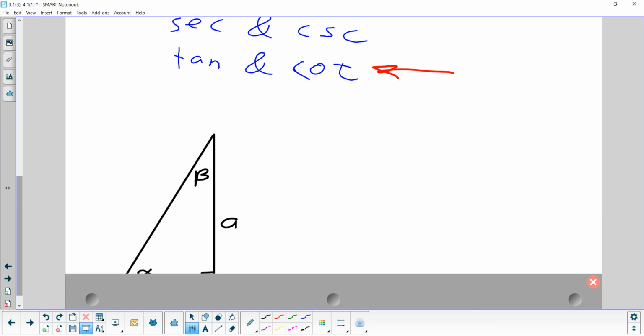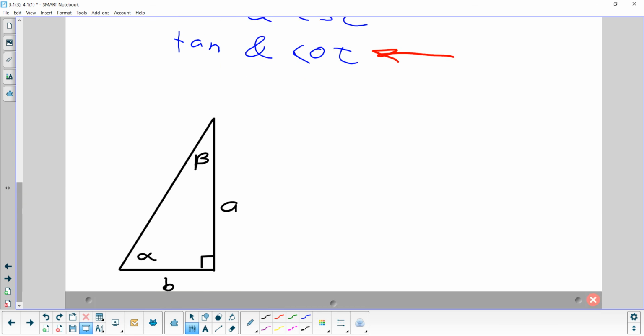So let's take a look at this, and let's find the sine of alpha. Now, it's not a number here. It's just going to be 2 letters. But can anybody tell me what the sine of alpha would be?